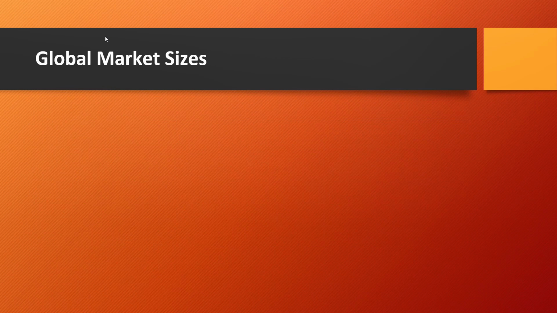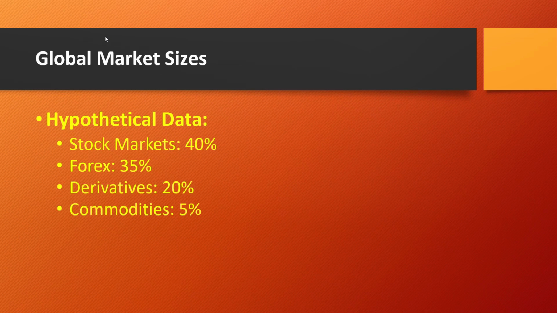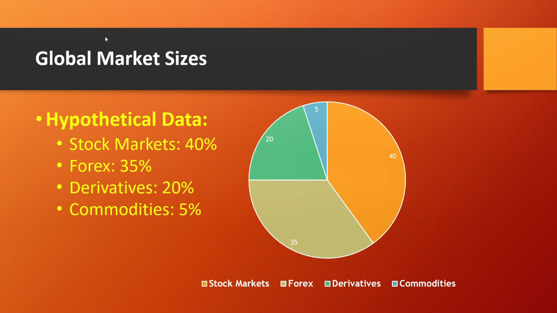Let's look at the global market sizes. As you can see, stock markets make up about 40% of the total, followed by forex at 35%, derivatives at 20%, and commodities at 5%. This gives you a sense of where the money flows globally.